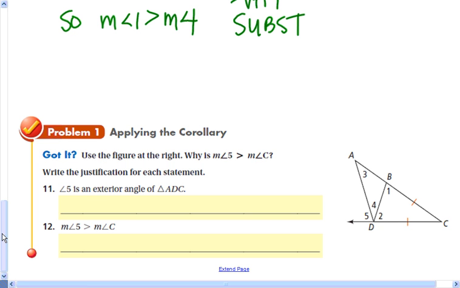All right? So here's a problem for you. Use the figure on the right. Why is the measure of angle 5 greater than the measure of angle C? Go ahead and try it if you want. You should notice that angle 5 is an exterior angle. So that means it is greater than the two remote interior angles, which are 3 and C. So angle 5 is an exterior angle of angle ABC, and that is by the definition of exterior angles.